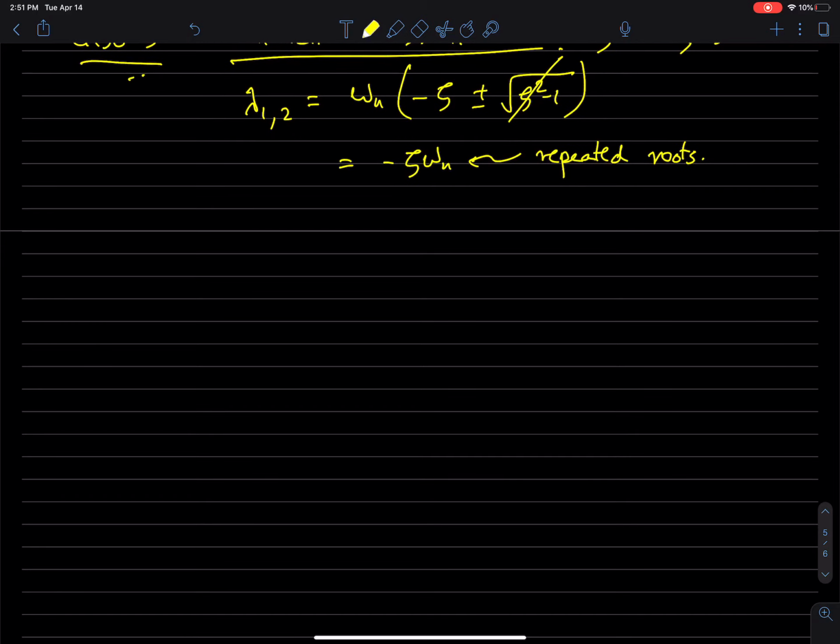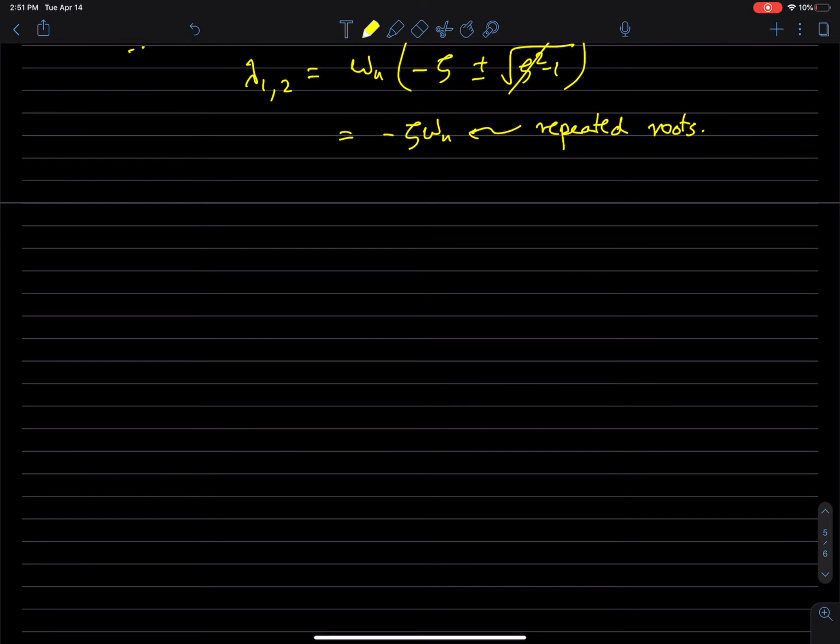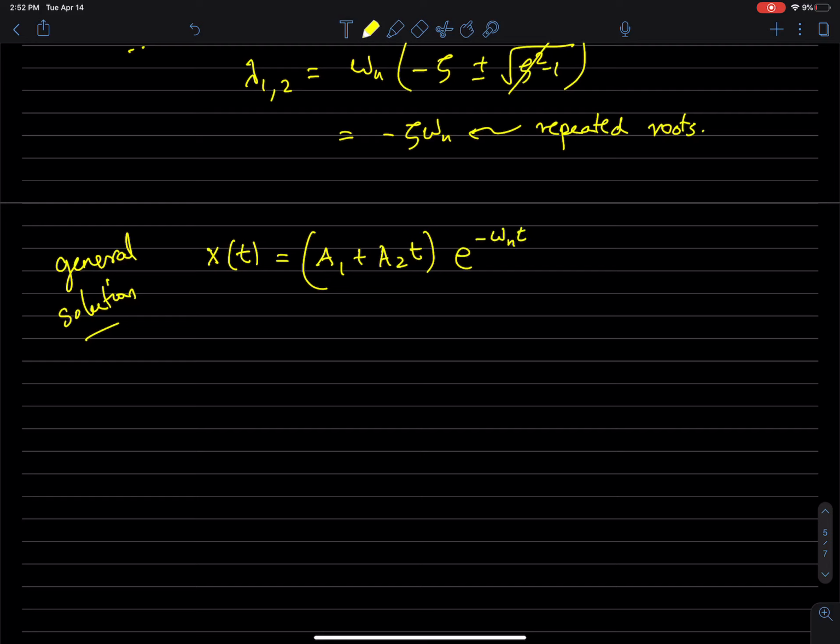And in this case, it turns out that x of t, I'm not going to derive it, the general solution in this case looks like a1 plus a2 t, times e power minus omega n t, okay?